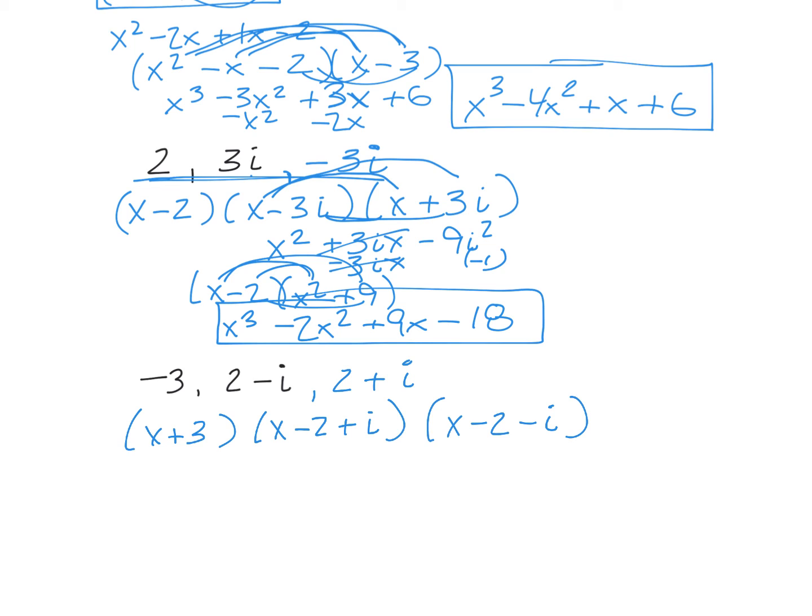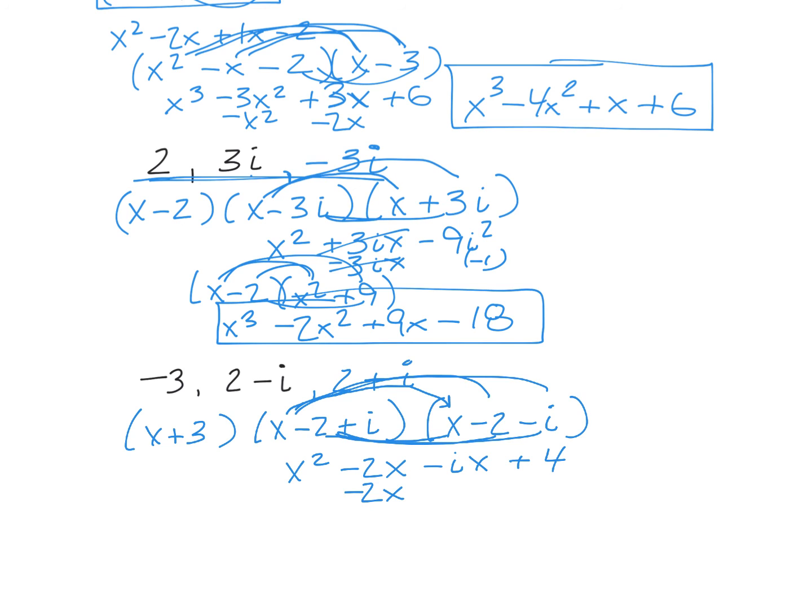I'd multiply these together. Now don't be intimidated, because a lot of this is going to cancel. So this would be x squared, I'd have negative 2x, I'd have a negative ix. Then I'd run the negative 2 through. I'd have negative 2x plus 4.